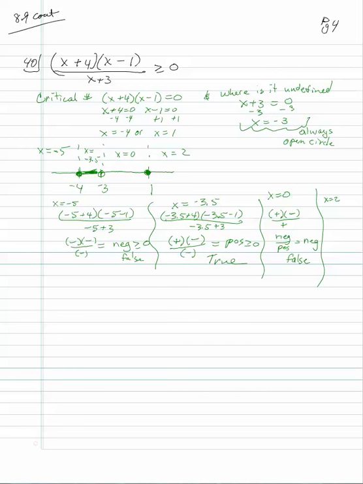And that's going to be positive. 2 plus 4 is positive, 2 minus 1 is positive, 2 plus 3 is positive. So everything's positive, so that's going to be positive, which is greater than 0, so that's true. So then our solution set would be, oops, got to use the right, negative 4 to negative 3, parenthesis, union, bracket, 1 to infinity.